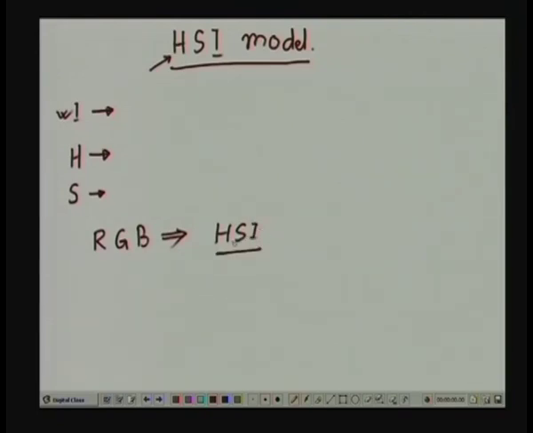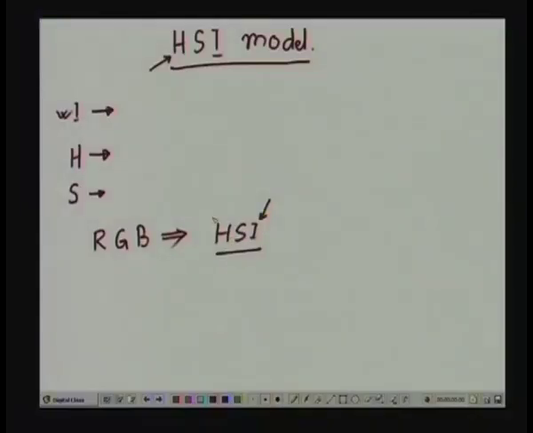This HSI model has other importance also, in addition to human interpretation, because it decouples the intensity information from the color information. I gives you the intensity information, whereas H and S, hue and saturation together, give you the chromatic information.